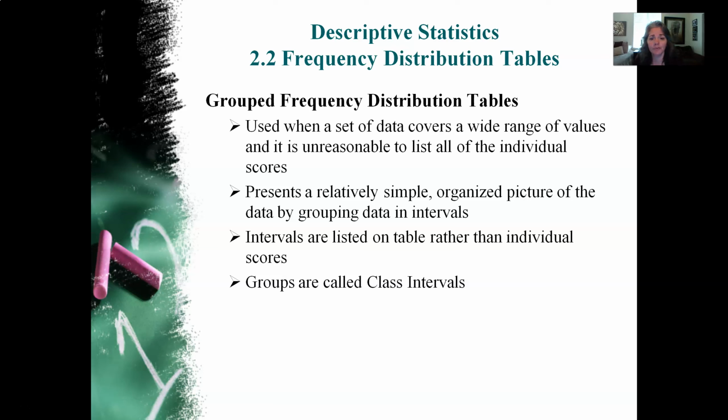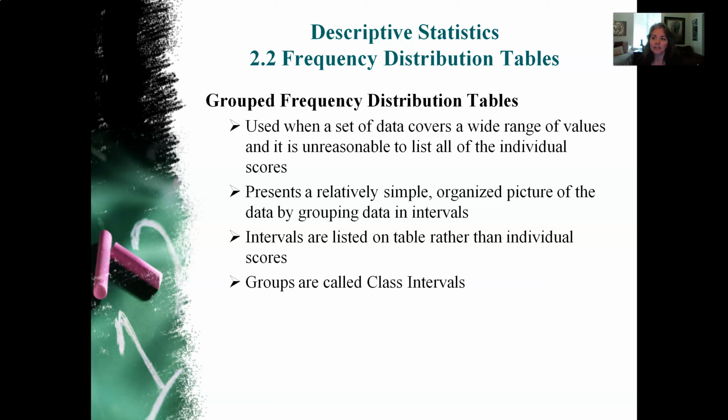So let's talk about group frequencies. Now, we were talking about quiz scores from 0 to 100, from 0 to 10, and that's a smaller range. Remember, the purpose of descriptive stats is to simplify and summarize our data in a quick, easy way, so we can quickly look at it and get a feel for the data. Well, let's say you had an exam score with 100 points possible. Now we have all those data points, and that's a lot, and it no longer becomes a simplified version if we outline every single possible score. So instead, we want to group them and create class intervals.